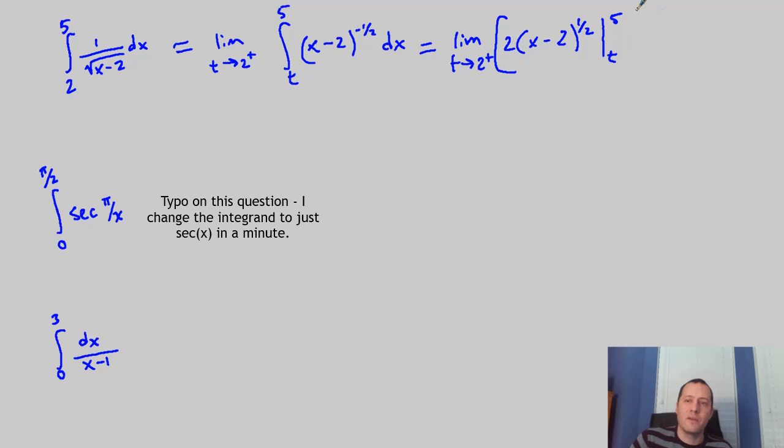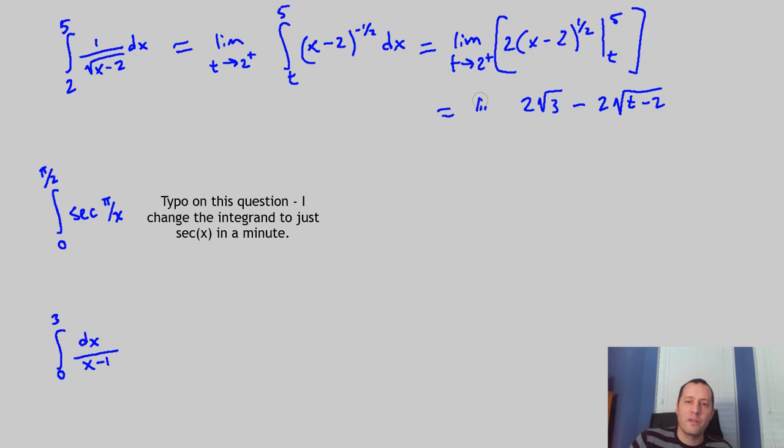And again, it's the limit of this as t approaches 2 from the right. And so what we get is, when we plug in 5, we're going to get 2 times the square root of 5 minus 2, so square root of 3, minus 2 times the square root of t minus 2.